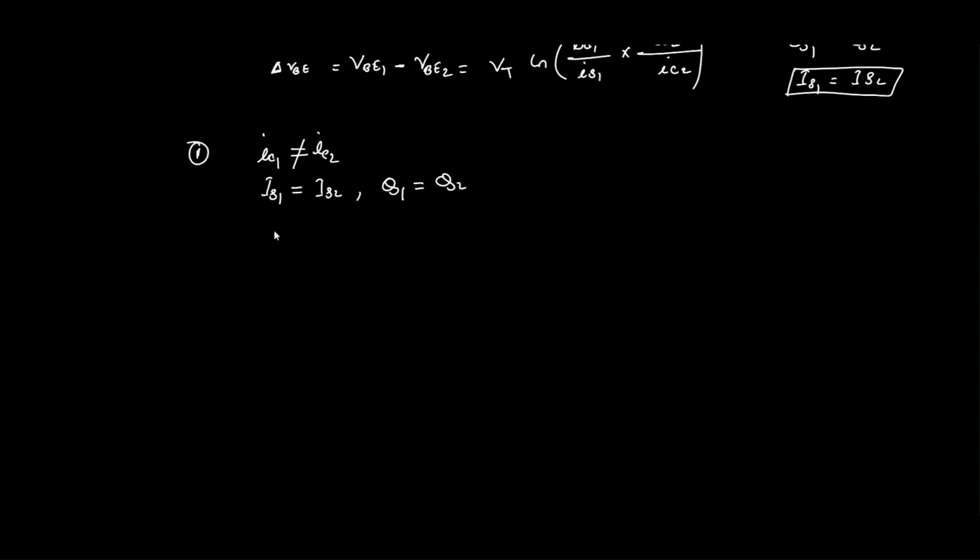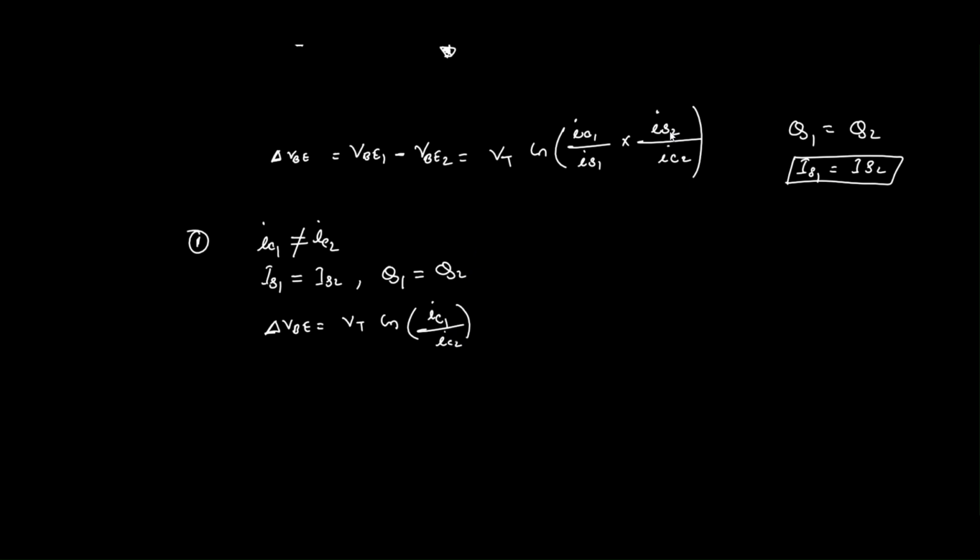And delta VBE is now VT ln IC1 by IC2, because if IS2 equals IS1, this will cancel out.